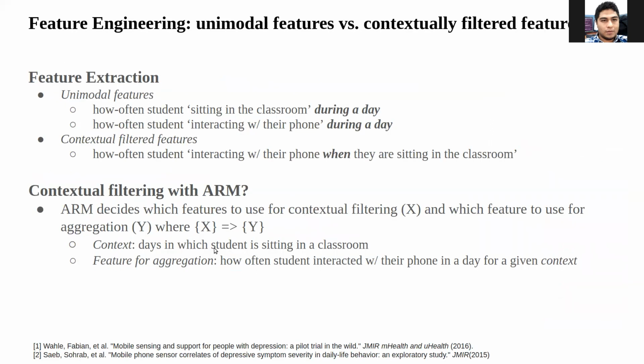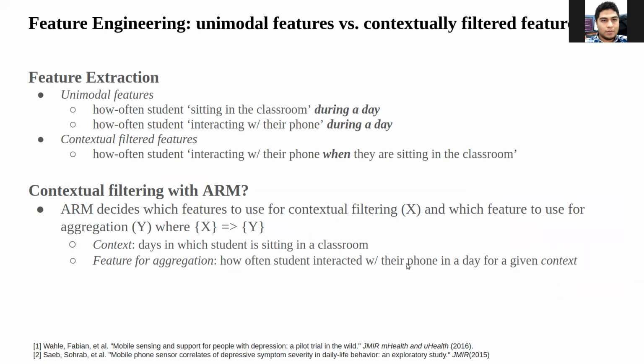So based on that, from depression sensor data, frequent patterns are mined in the form of X implies Y. In the above example, X could be days in which the student is sitting in a classroom, and Y could be how often a student interacts with their phone, right?